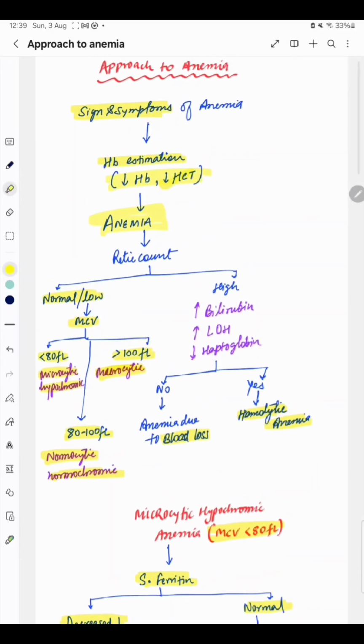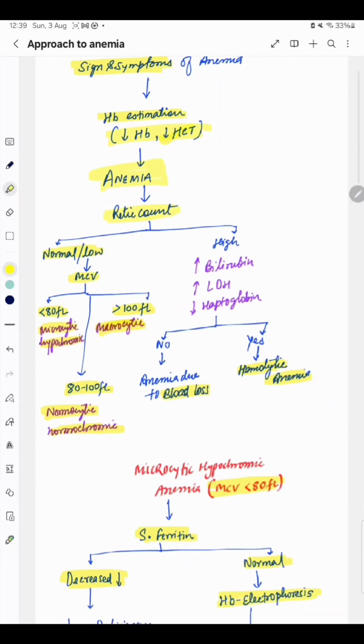Once the diagnosis is made that the person has anemia, then we need to classify which kind of anemia this is to provide a precise treatment and better recovery. Then we order a reticulocyte count.